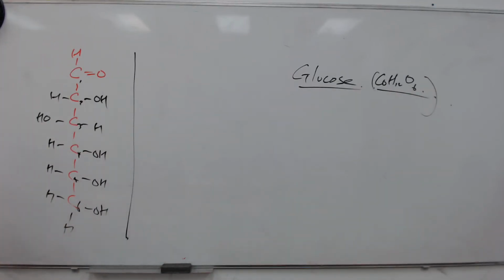Now, glucose is not the most stable form as a linear structure. Why is it not so stable as a linear structure? What do you think?